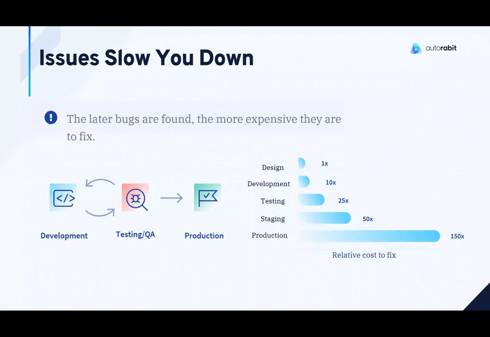So if the application is already in production and we start identifying bugs, then that means we are going to demand downtime from our customers, which lets them not use our application for that period of time. And they're not going to realize the value of our application, and things are probably going to slow down, and we will ultimately lose the trust of our customer as well. So that is something that we have to try our best to avoid.